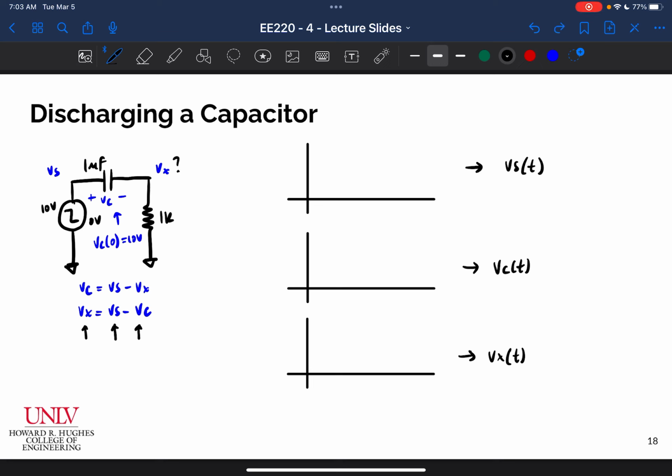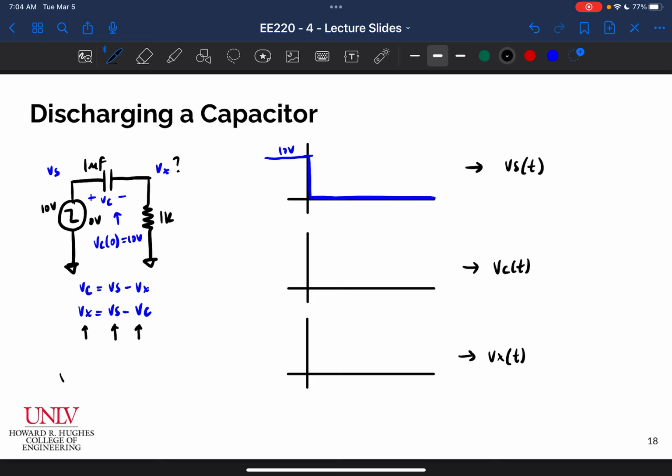Right off the bat, we can pretty easily identify what VS of t is going to do. Like I said, it's basically going to start at 10 volts, and then at time t equals 0, it's going to pulse back down to 0 volts, and then it's just going to stay there for all time. And we also know what our VC of t should look like.